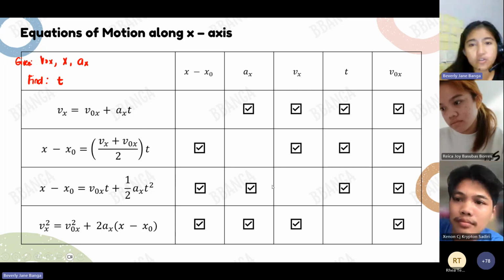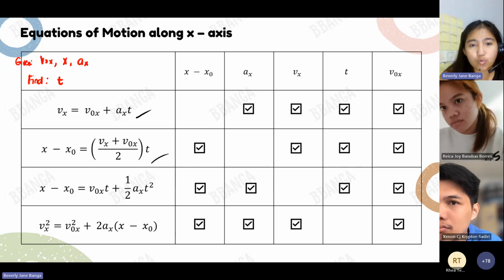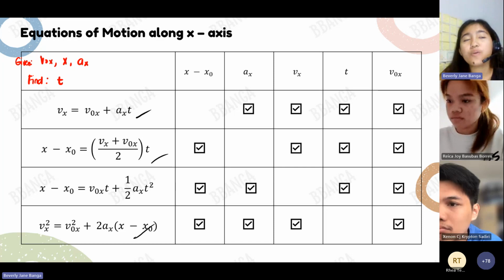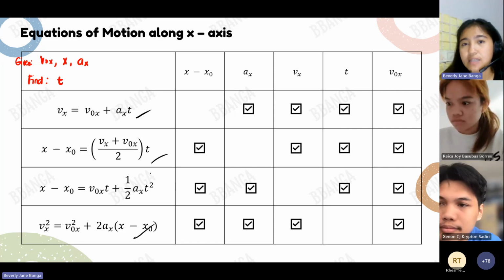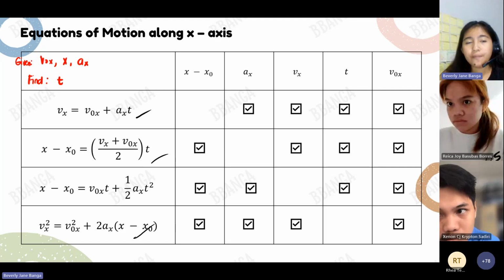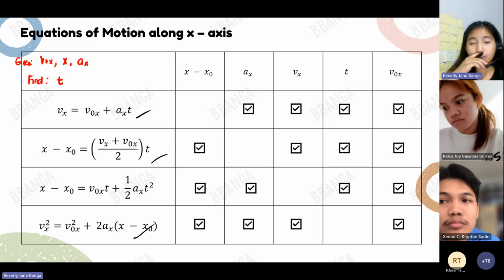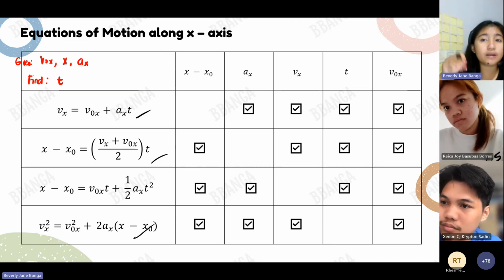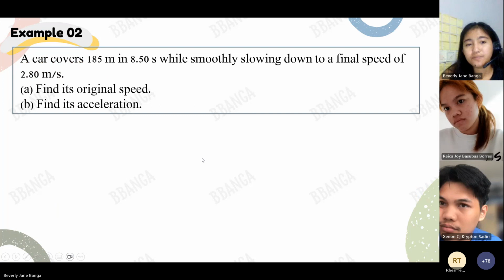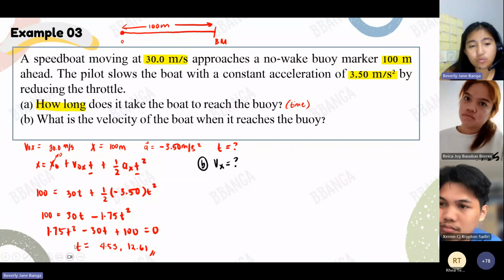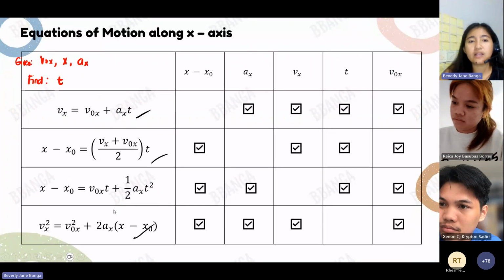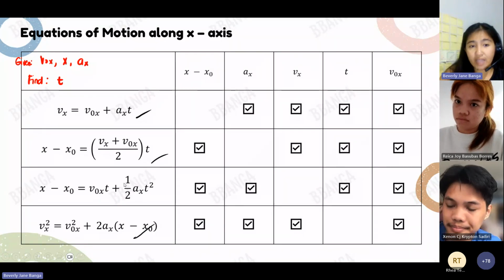Pwede na si 1, pwede na si 2, pwede rin si 4. Pero ito yung binabanggit ko sa inyo sa klase last time: kapag may follow-up question, marami na kayong option na pwedeng gamitin. Gamitin ninyo yung hindi kayo magde-depend doon sa unang hinanap ninyo. Halimbawa dito, time yung una nating hinanap, so technically dapat hindi natin gagamitin yung na-solve na time.